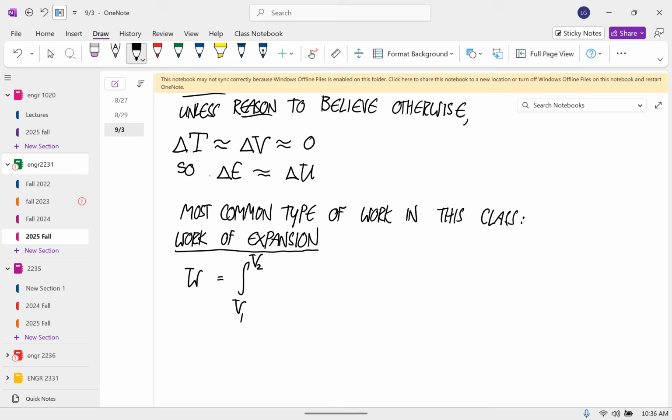We're sort of running out of letters, so be careful here. Capital V means potential energy in the stuff above. It means volume here. And we're taking the integral of the pressure in your system, dV.